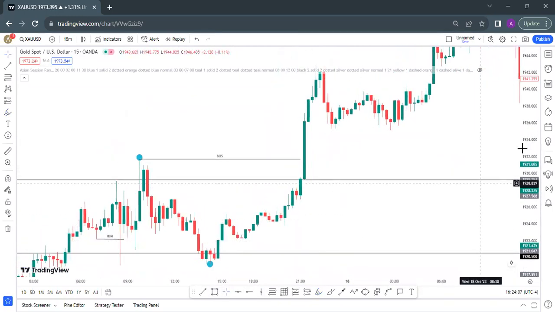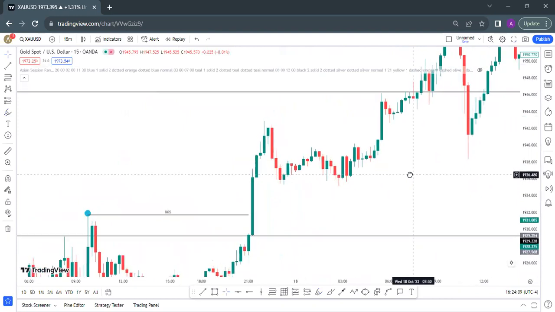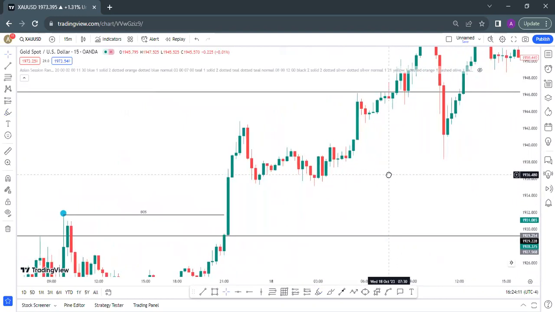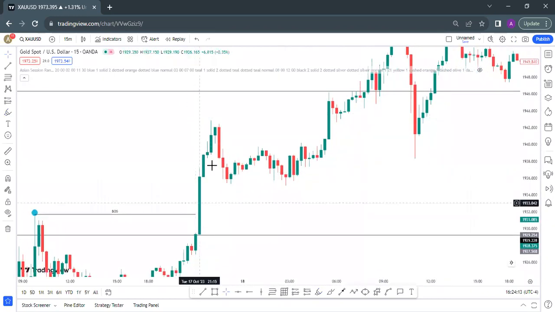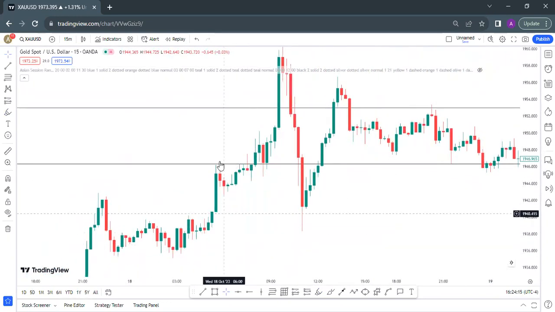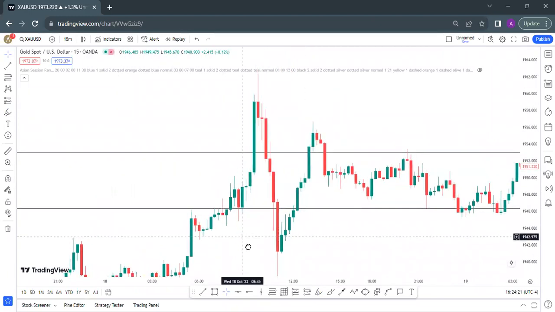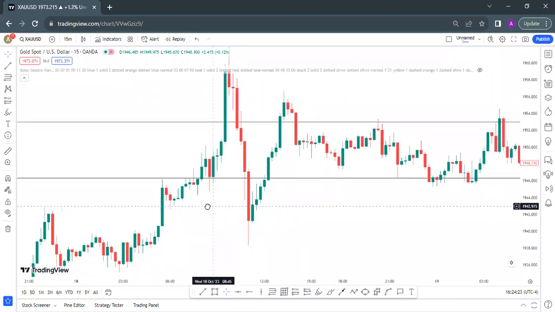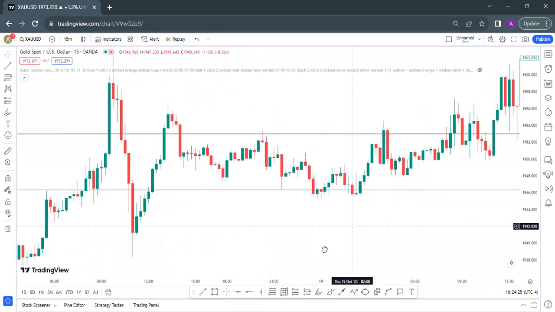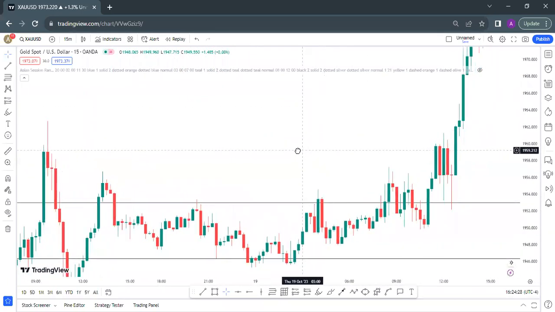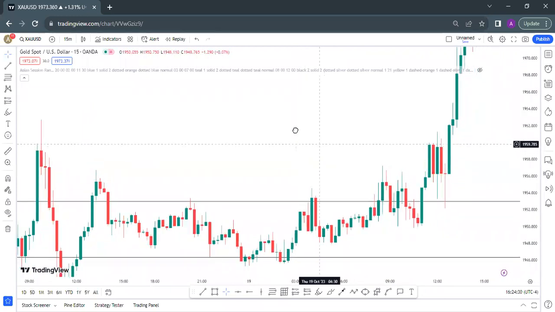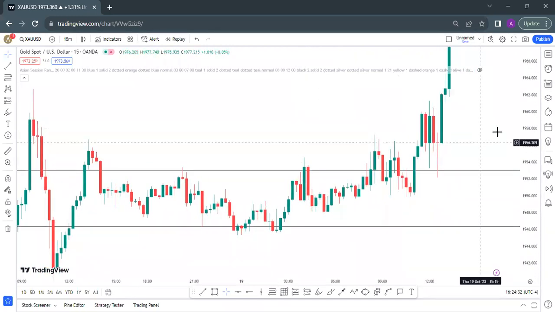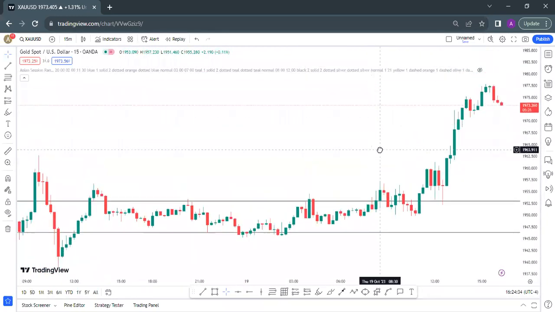Okay. So now I don't know if I can get the main example. This is not a valid pullback. There is a valid pullback here. I'm looking for the exact example of what I'm talking about. Though I've explained it to you guys, I want to see if we can get an example on the chart here.